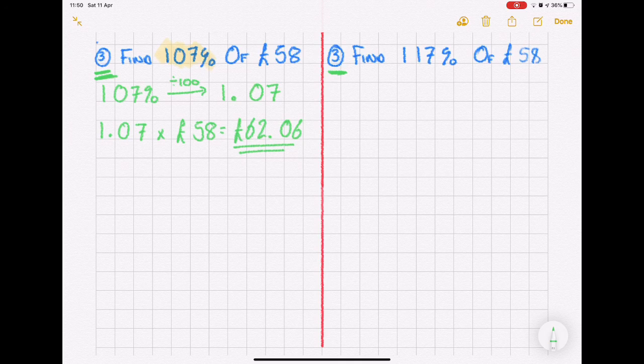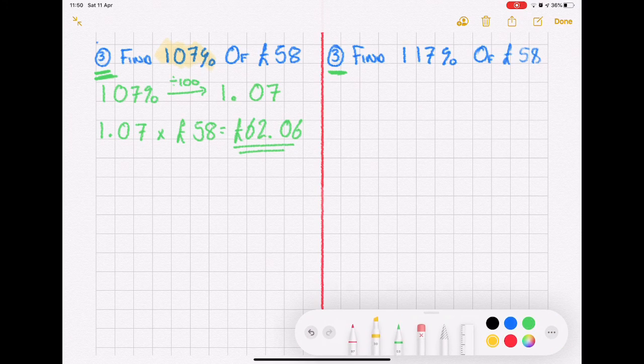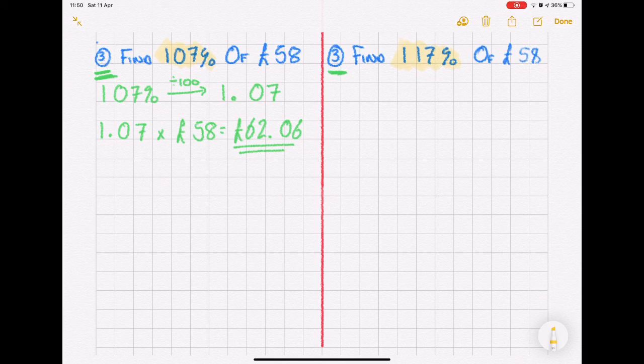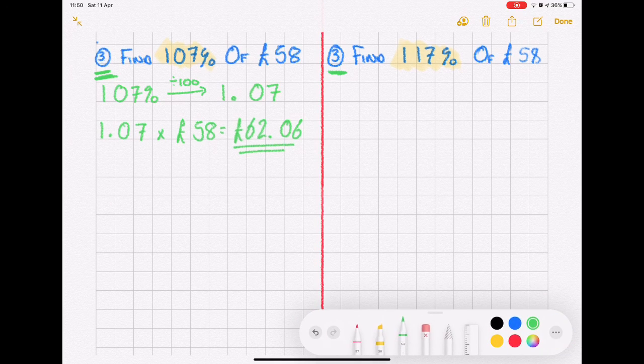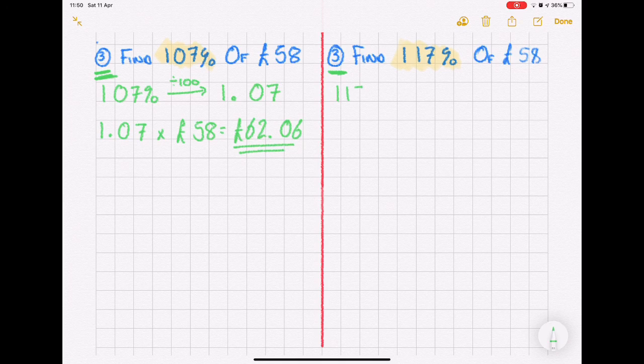Okay, fantastic, let's do this. So find 117% of £58. Let's find our multiplier first. So it's 117%. We divide that by 100.